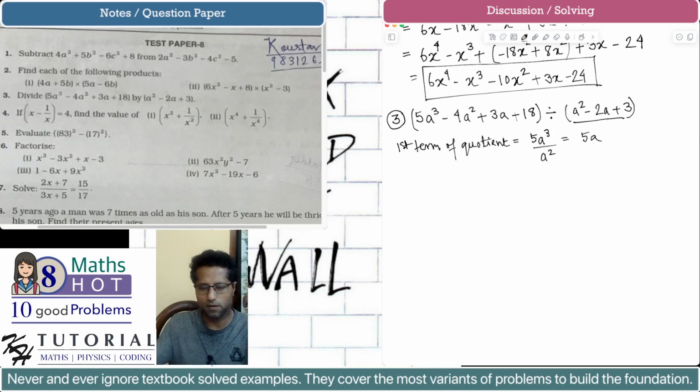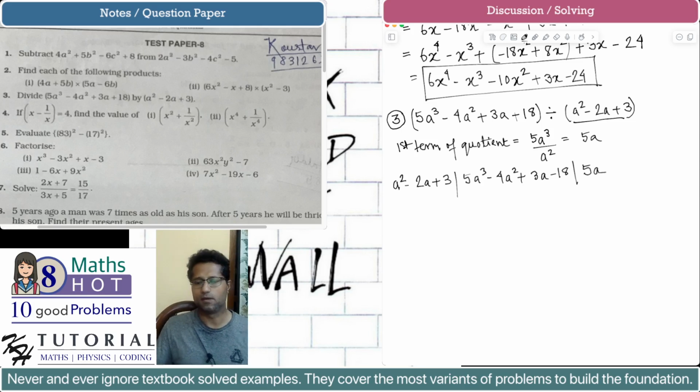Now we proceed with the division. The divisor is a square minus twice a plus 3, and the dividend is 5a cube minus 4a square plus 3a minus 18. And the first term of the quotient we got is 5a.